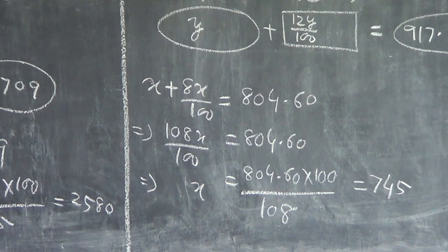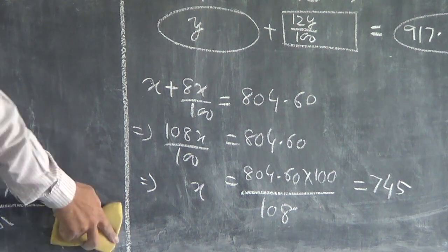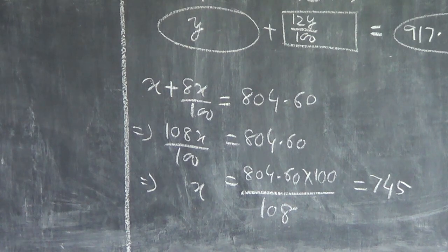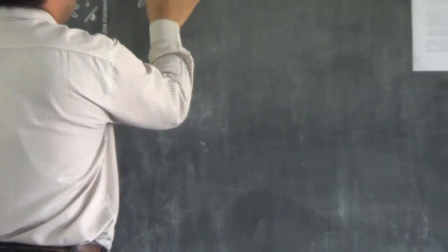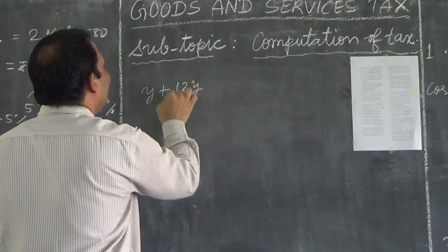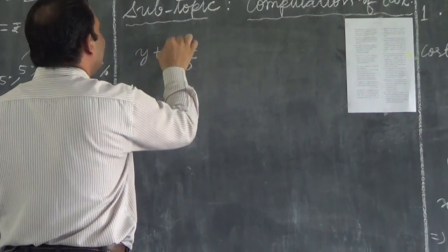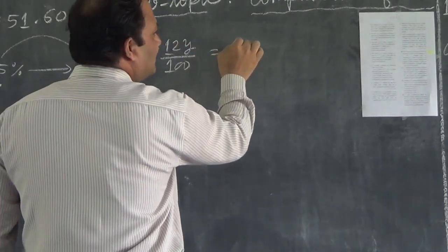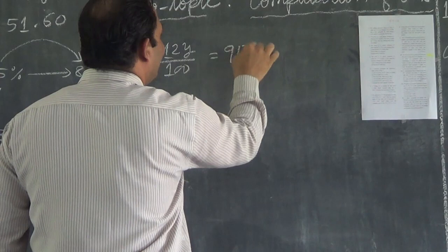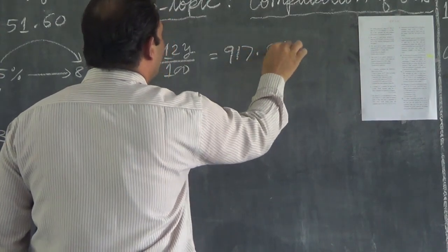Then we will move to the second model, and the second model can give us the selling price. We have to frame one equation by using the second model. Y plus 12y by 100 equals 917.84.